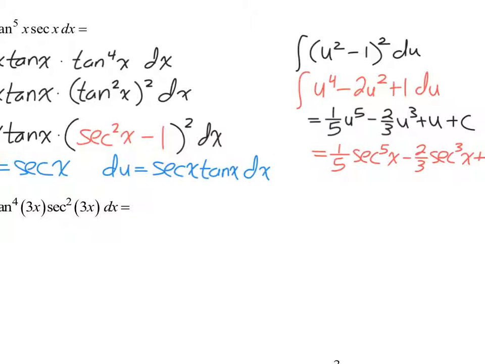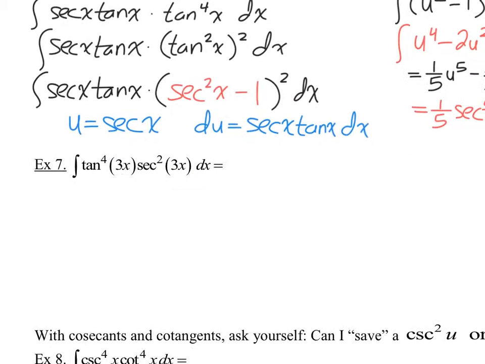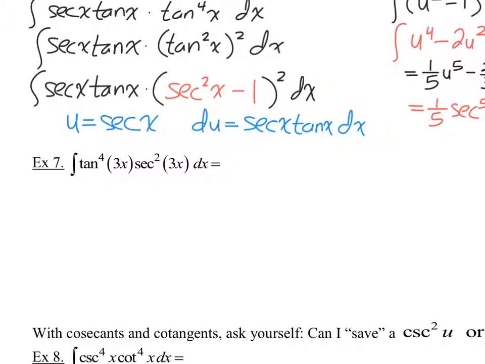Now, for the next one, it looks like we already have a secant squared, quote unquote, saved. So it's a question of, is that the right way to go? Well, what is the derivative of tangent? Secant squared.